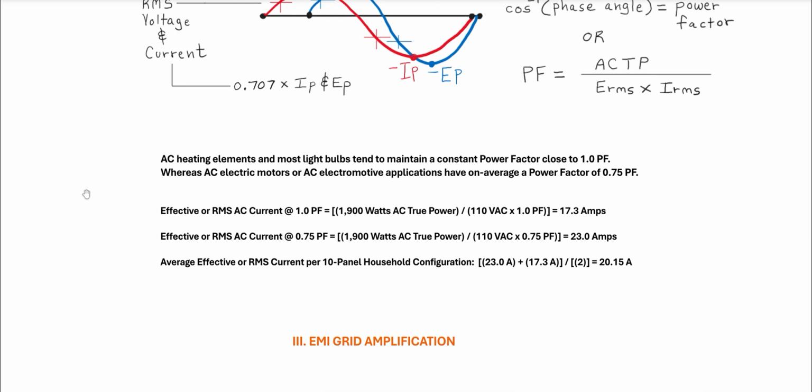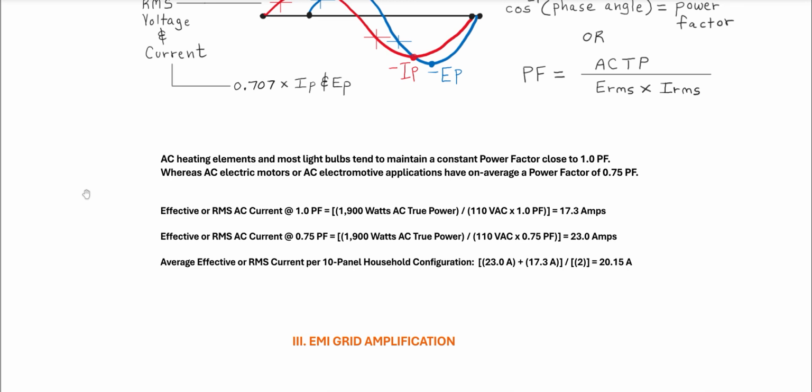Okay, so now the practicality is that the power factors are varied. They could average between 0.75 and 1.0. So if you're dealing with an AC heating element or even many light bulbs, they're close to or at a power factor of 1.